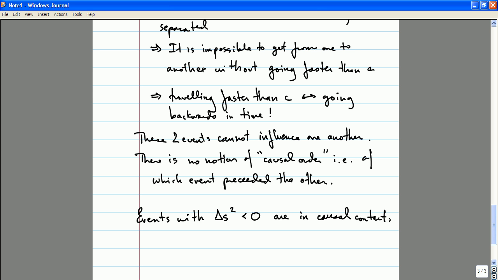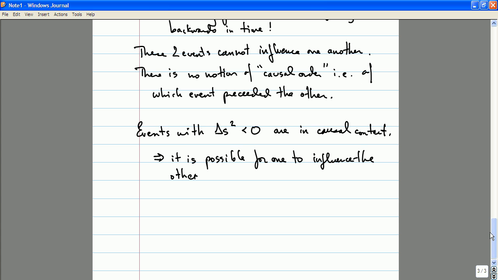In particular, it is possible for one to influence the other. And more precisely, one event will be in the future of the other for all observers.